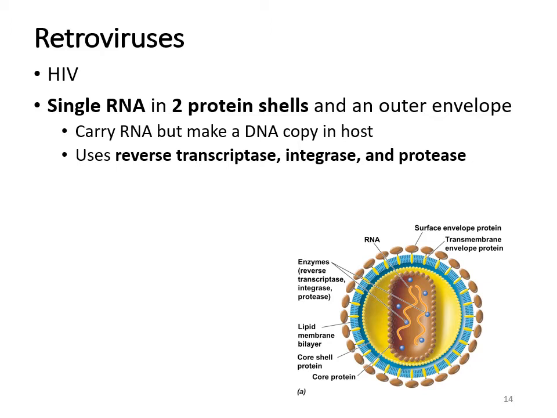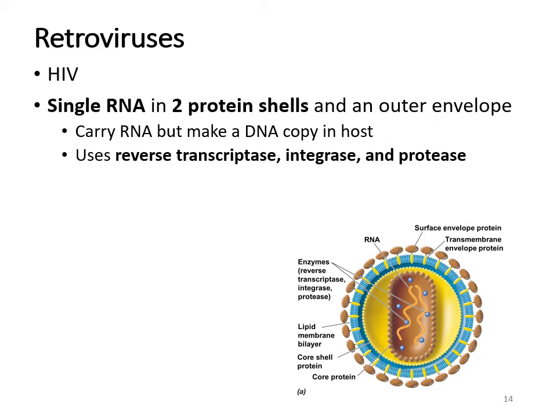And so now the host, just like we showed in earlier slides, has viral genes in their DNA. And whenever they go to replicate and express their own genes, now they're doing that work with viral genes as well.